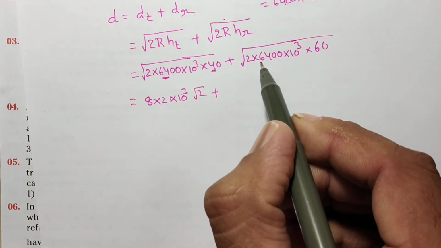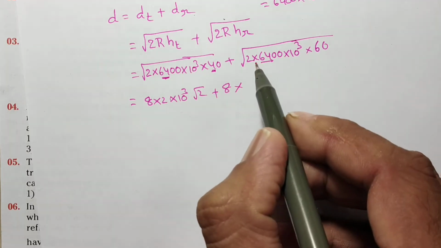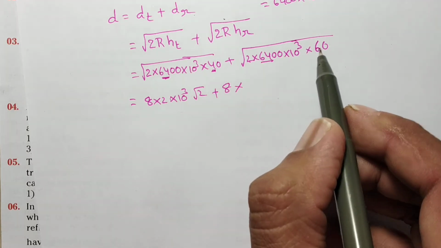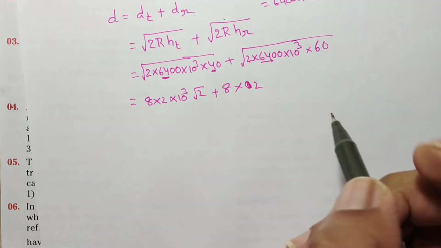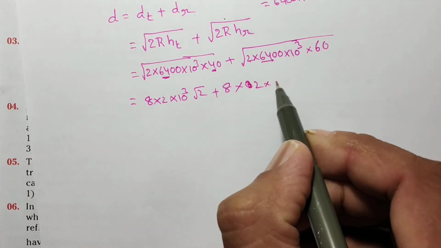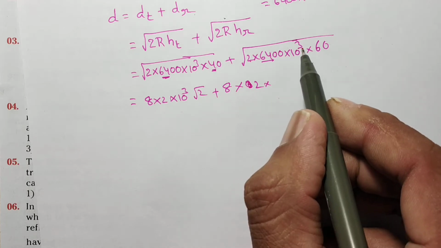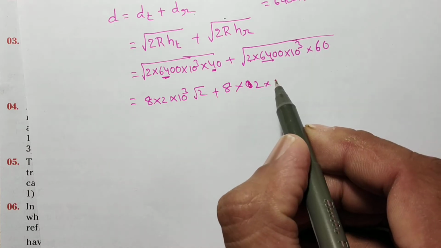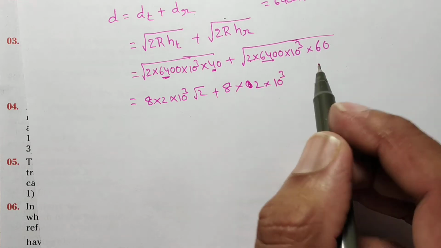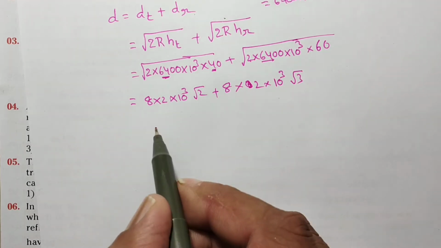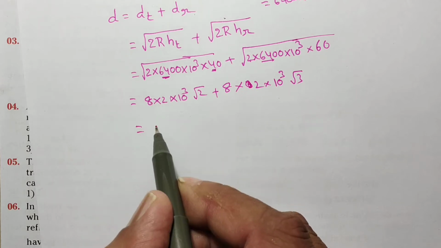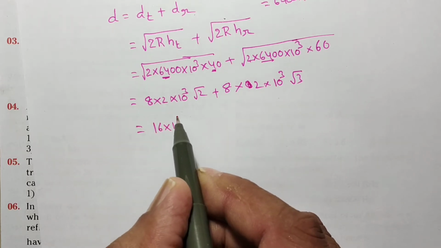Plus, here 64 means 8, and 2 into 6 means 12, that means 4 into 3. That means 2 we take outside, and 10 to the power of 6 gives 10 to the power of 3. Root 3 is remaining. So from here we are writing 8 into 16 into 10 to the power of 3.